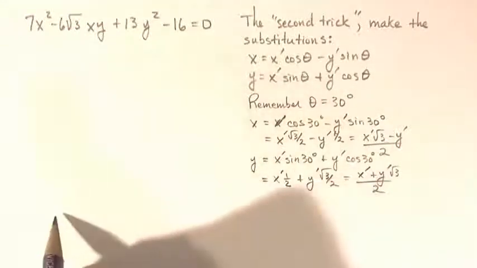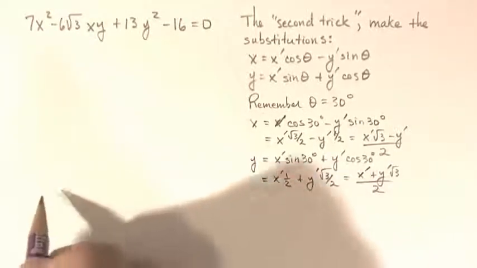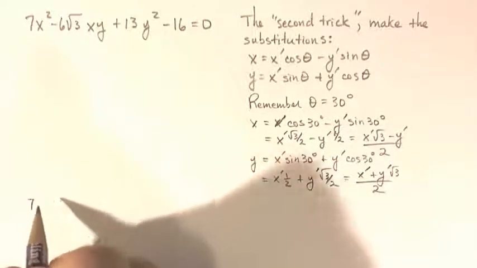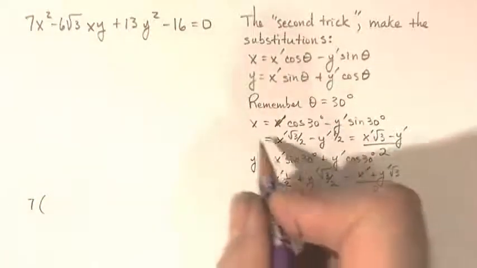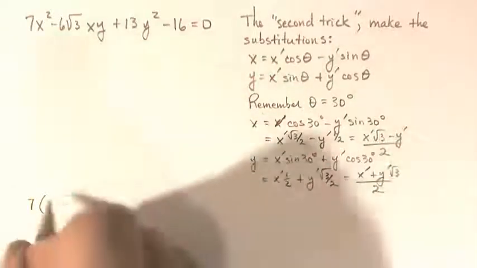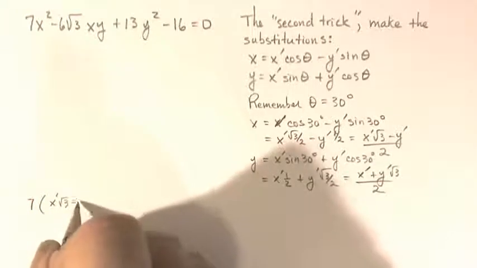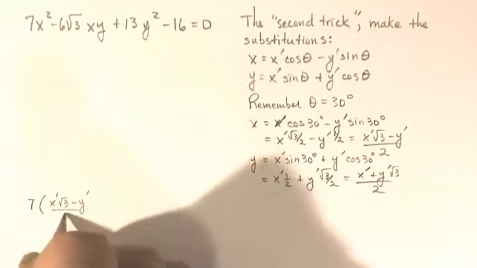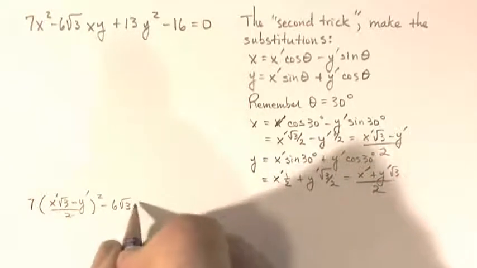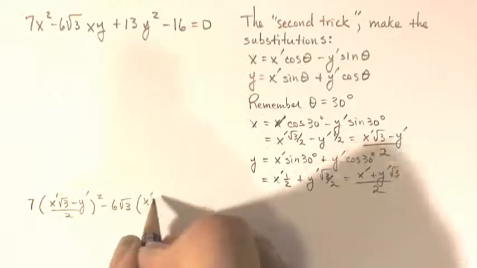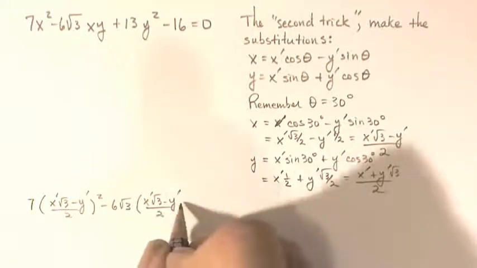Okay, time to hang on to your seatbelt because this is not going to be fun, but they don't show it in the book, and I want you to see that it really can be done. 7x squared, our x is here, so we're going to substitute in x primed root 3 minus y primed over 2 squared, minus 6 root 3 times x primed root 3 minus y primed over 2.